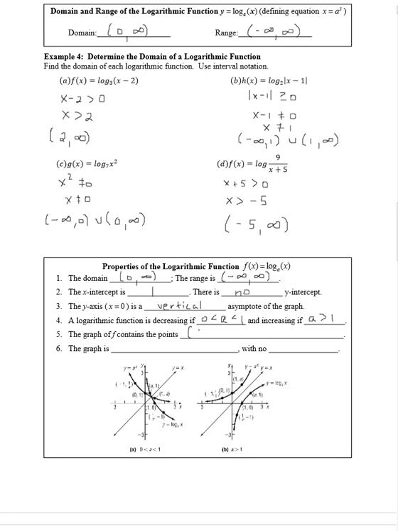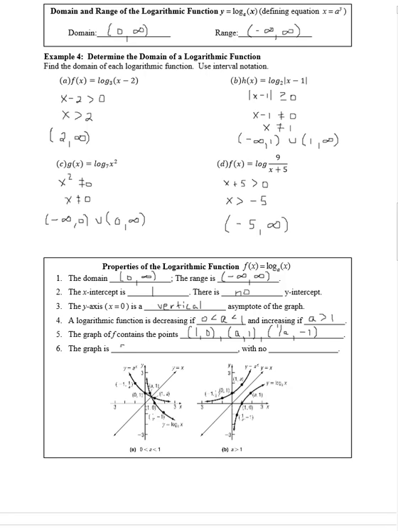It contains 1, 0, A, 1, and 1 over A, comma, negative 1.